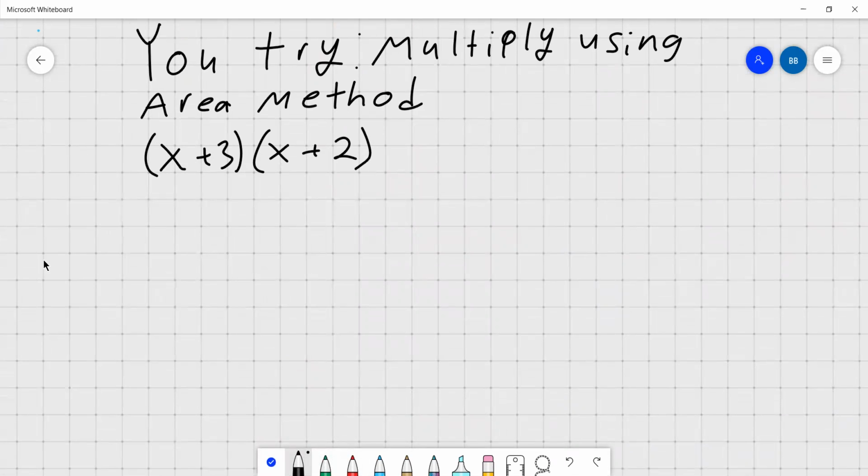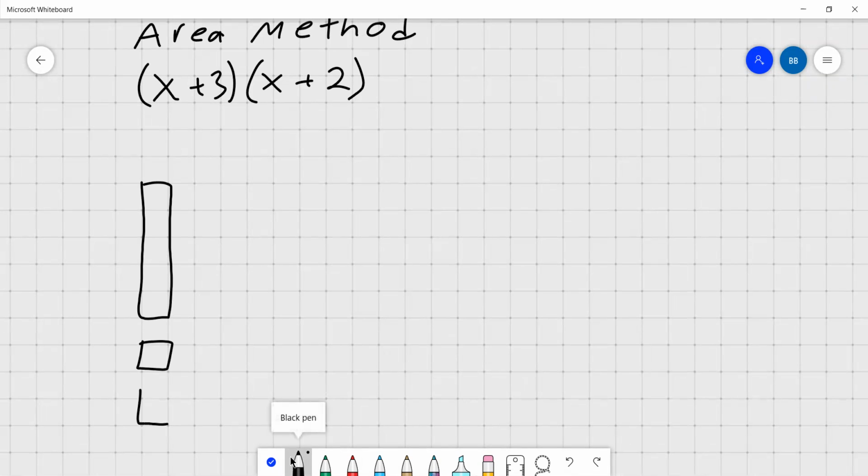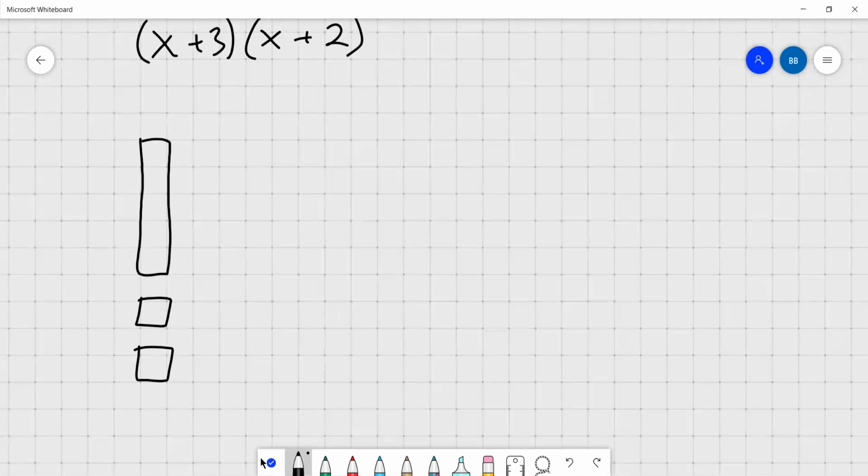Okay, now that you have given that a shot, let's work through it together. So first step, we're going to draw this out. We have an x and we have 3 one units.